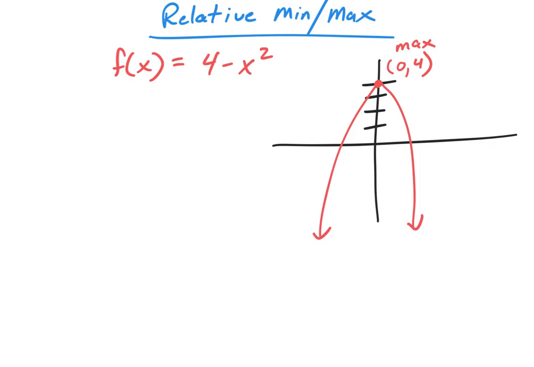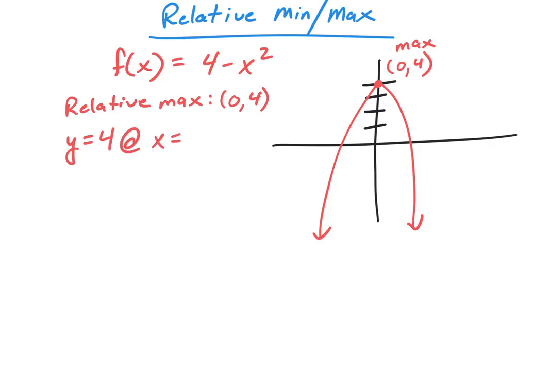There is no low point that it ever reaches. So we would say that this has a relative max, and usually we call that relative max the point (0, 4), but the y value of 4 is my maximum value. So 4 is where it reaches its high point.